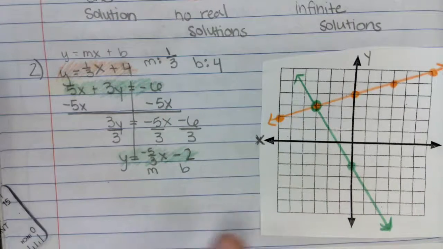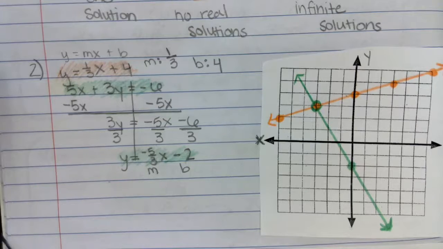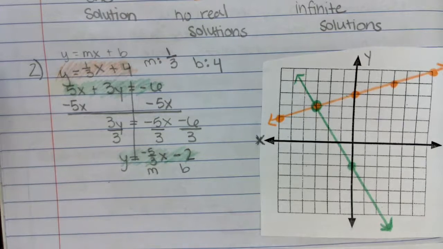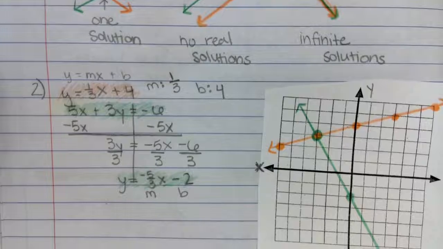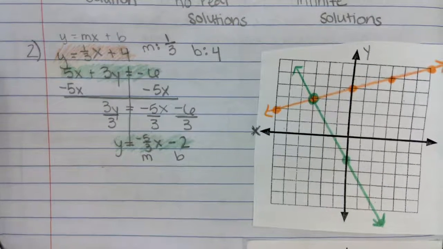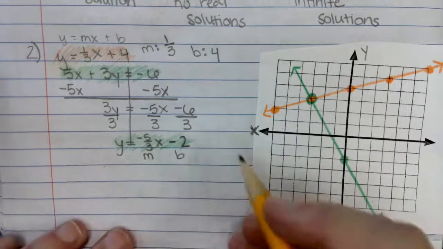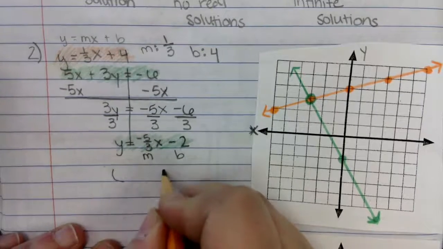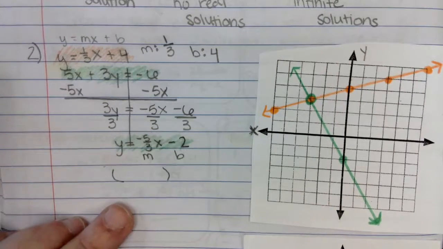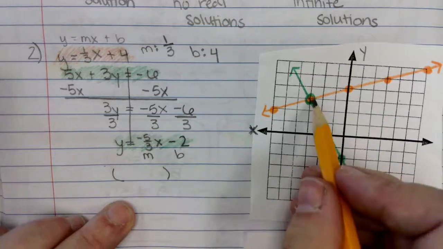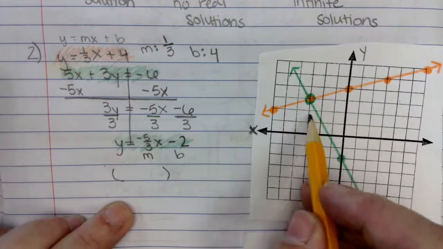So in this case, do those lines share any of the ordered pairs? Yes. How many ordered pairs do they share? 1. So how many solutions? 1. And I want to write that solution down as an XY ordered pair. So what is my X of that point? Negative 3, because it was left 3.